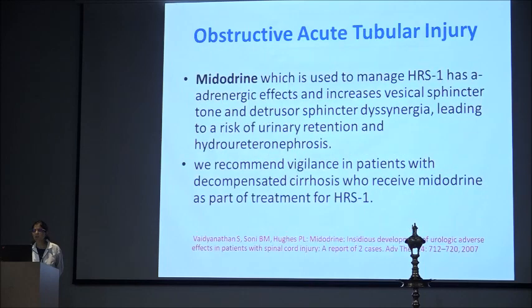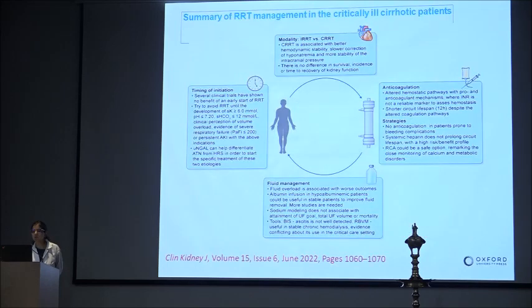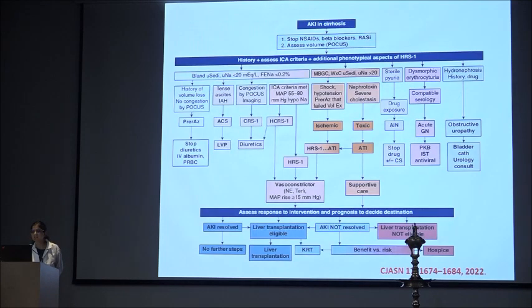So, coming on to discuss the role of RRT, I basically just want to summarize how we should approach a cirrhotic patient who is having AKI. Firstly, we should stop the offending drugs like NSAIDs, beta blockers, and RAS inhibitors.